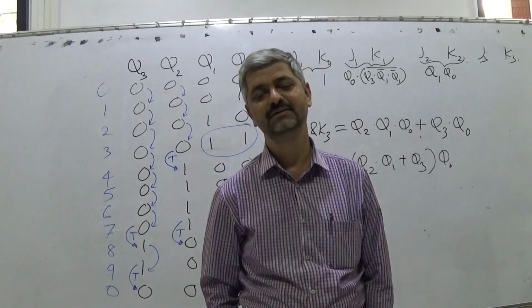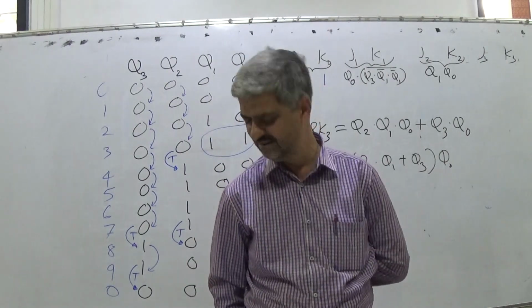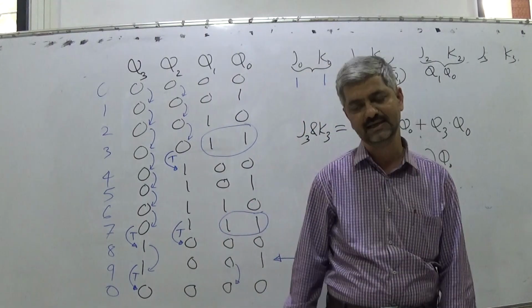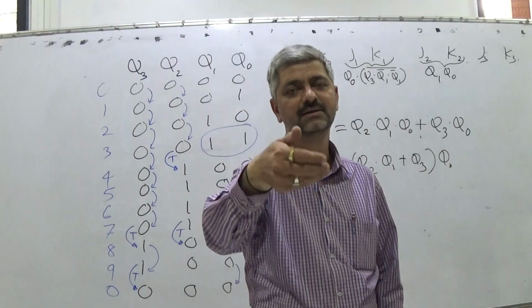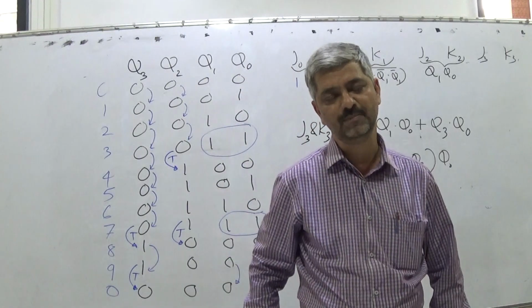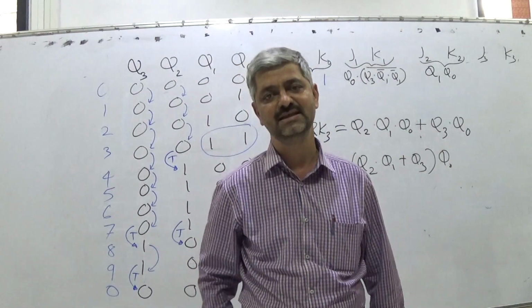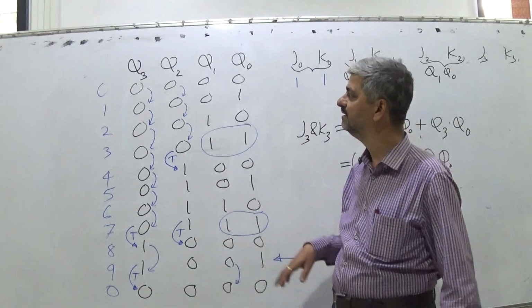It can be a mod 6 counter, any number of states you can design. In that case, an n-bit counter contains a number of states which are less than 2 raised to n.